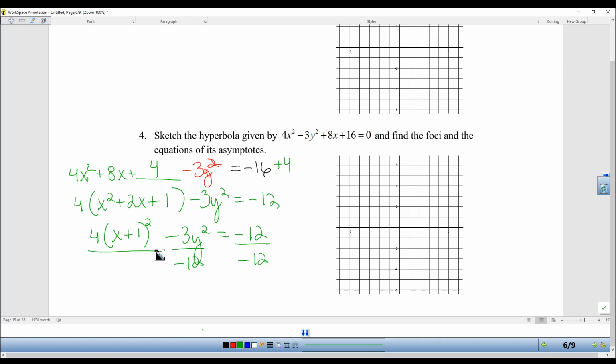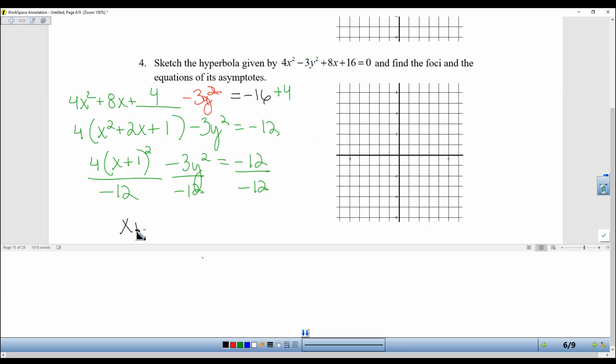Your last step is going to be to divide to make it equal to 1. And my final answer on this one is going to be x plus 1 squared over negative 3 plus y squared over 4 is equal to 1, which means that at first glance, it looks like there's a plus between them and it's an ellipse, but this is negative.